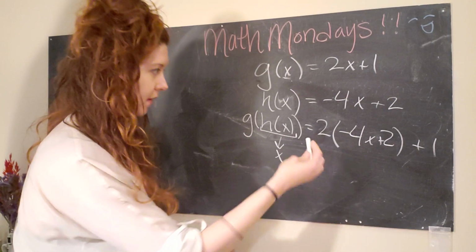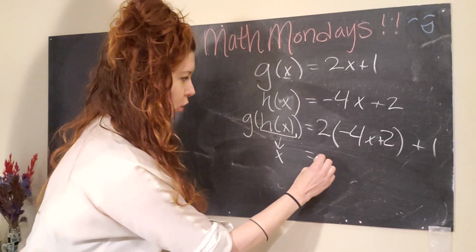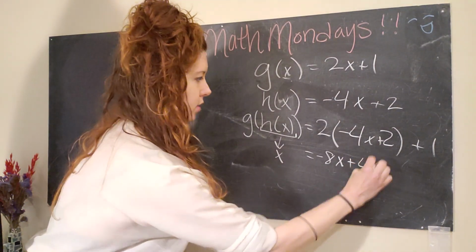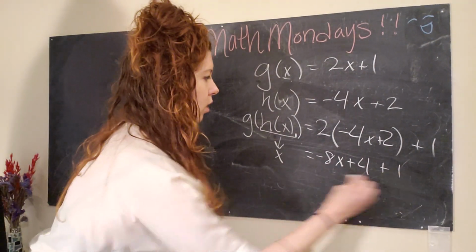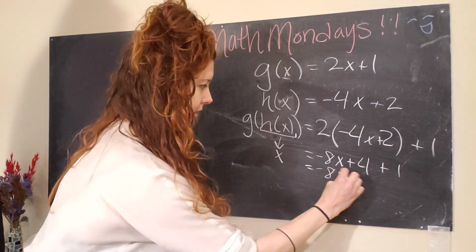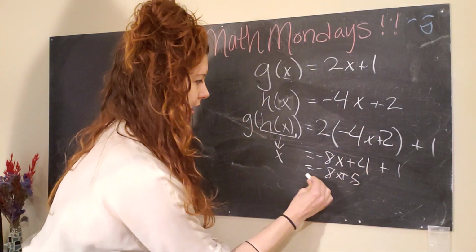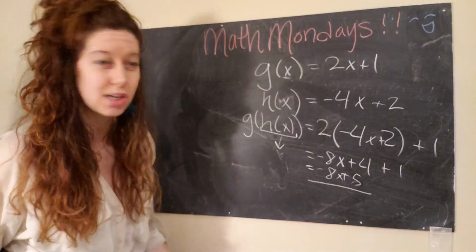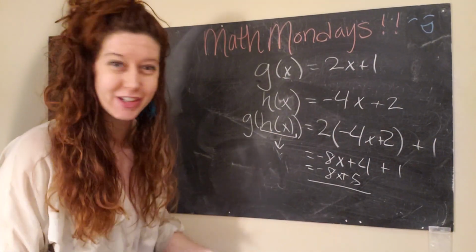And now we can simplify. 2 times negative 4 is going to be negative 8x. 2 times 2 is 4. So negative 8x plus 4 plus 1. And then we just simplify it a little bit. Negative 8x plus, whoops, I forgot my x. Negative 8x plus 5. So that is what g of h of x equals. Ta-da! That's all you got.